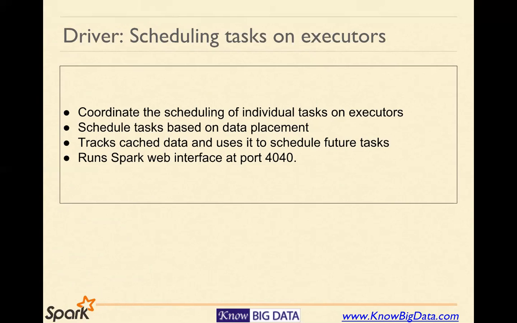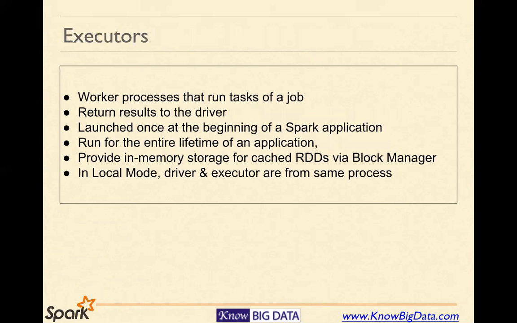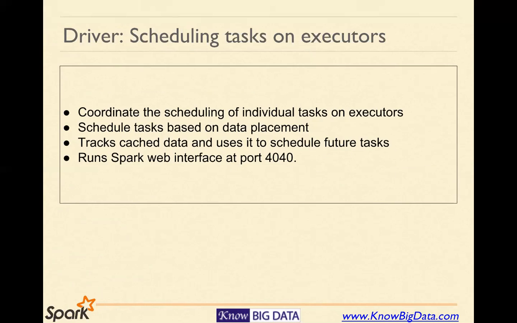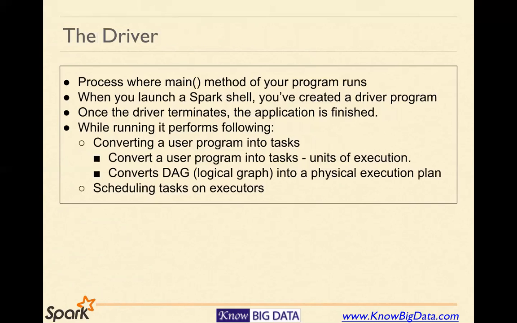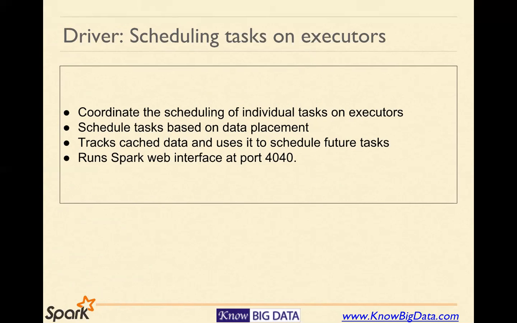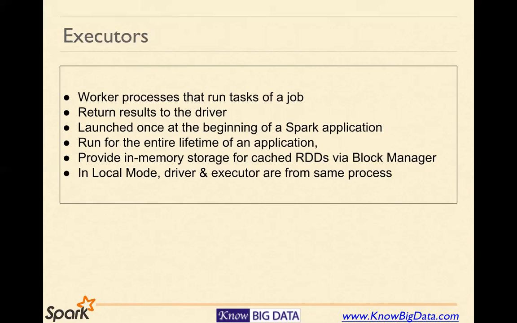But if port 4040 is not available, it will try 4041, 4042, 4043, and so on, right? So now this is the work done by the driver. Okay, so the driver is the main coordinator, and executors execute the tasks.